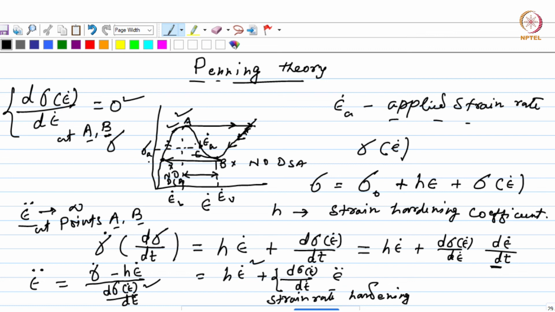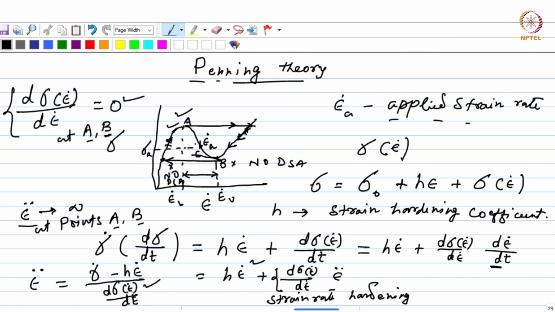But now at this point, after the second strain rate jump from point B, the stress is lower compared to the stress at point C corresponding to the applied strain rate. As a result, this will now tend to increase and go to point A following this path.